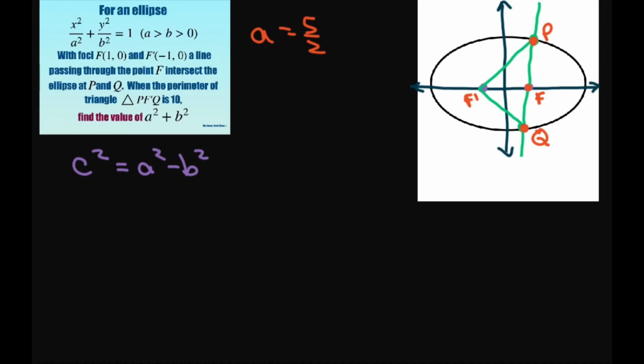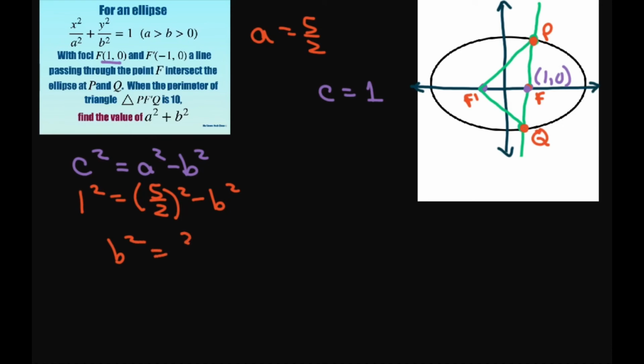My c is 1 because my focus is at (1, 0). So since c is 1, I have 1 squared equals (5 divided by 2) squared minus b squared. Therefore, b squared equals 25 divided by 4 minus 1, which equals 21 divided by 4.